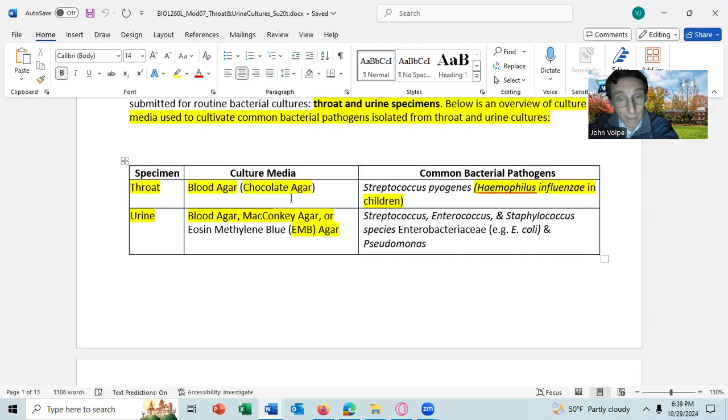But you can get some gram positives in urine cultures, like Streptococcus and Enterococcus and Staphylococcus species, and that's why we use blood agar. Any question about any of that? All right.